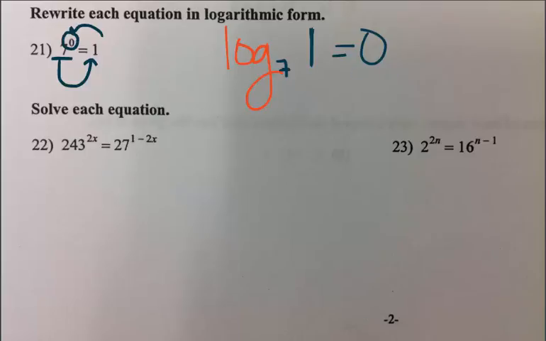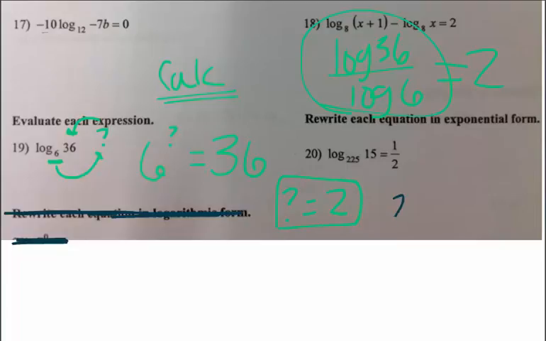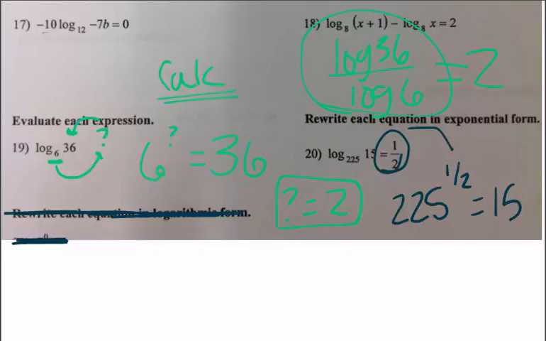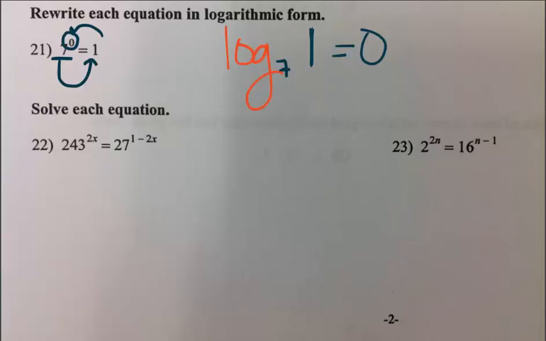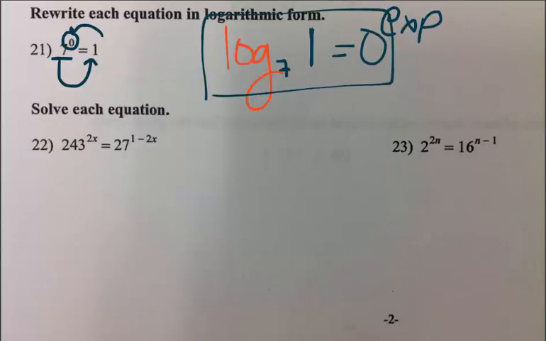That's the same thing with 21. If I look at 21, 225 to the 1/2 equals 15, the equal to part was the exponent. That's the same thing. They go back and forth. The equal to part was the exponent, that they match up, that we have to be able to do. If we can draw that little circle, this number comes first.